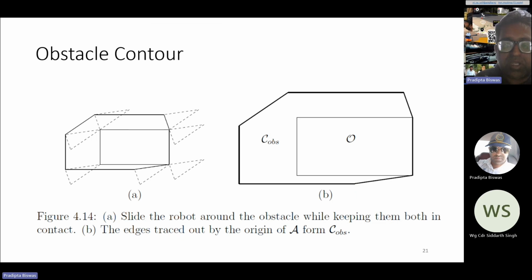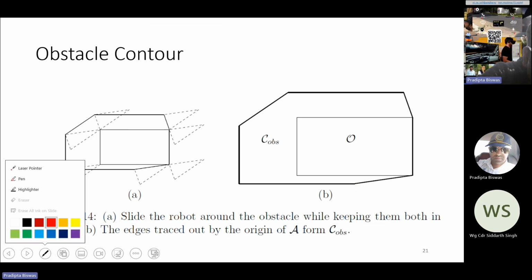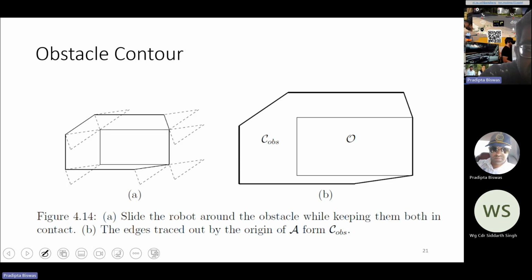So this is a pictorial notation. We will follow a similar principle: here we will start from this position, and the robot is moving like this. You can imagine, like in class, we used the physical example that I am trying to move a chair across a table and making sure the chair will not hit the table.